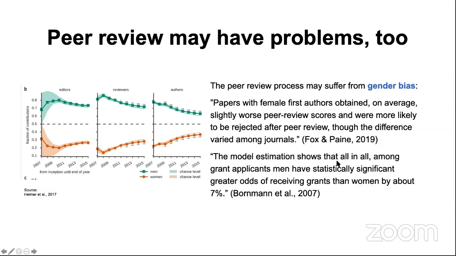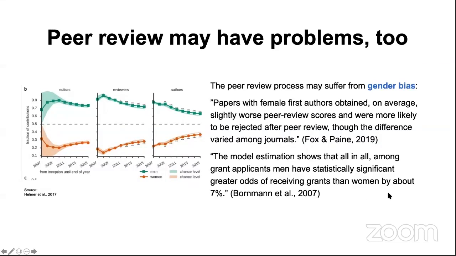And this problem has been quite prevalent in the scientific world. In addition to publishing articles, there is also this gender bias in receiving research funding and basically grants to power your projects. Men have been shown to have a higher chance of receiving grants than women.